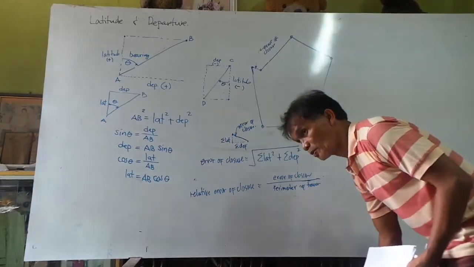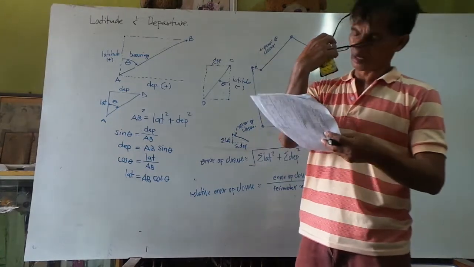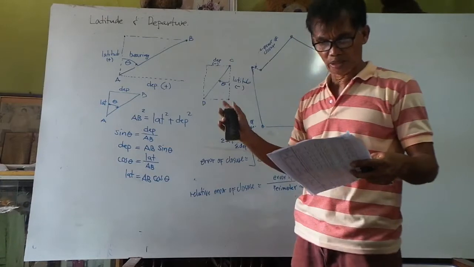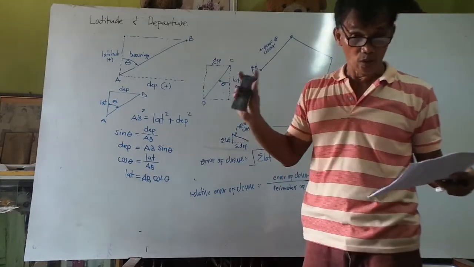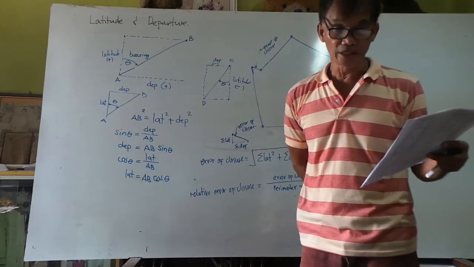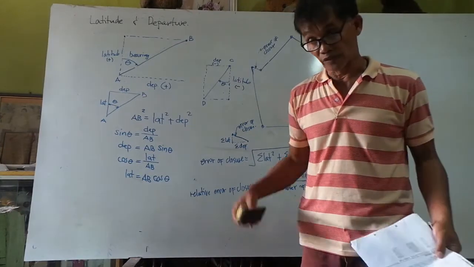Our definition for the compass rule is this: the correction to be applied to the latitude or departure of any course is to the total correction in latitude or departure as the length of the course is to the length of the traverse.